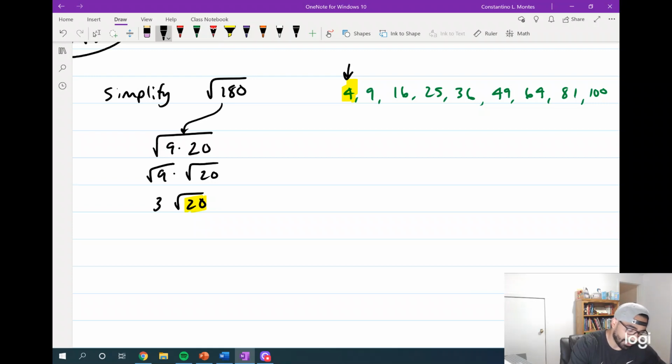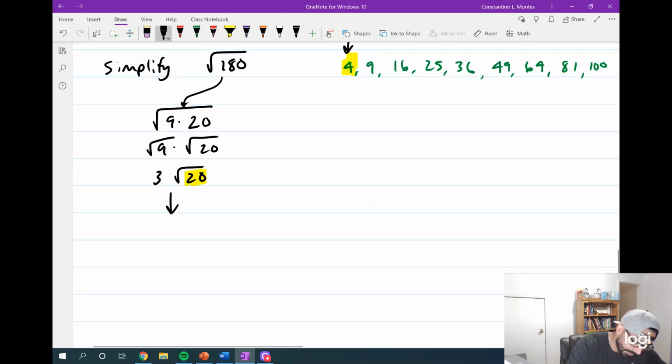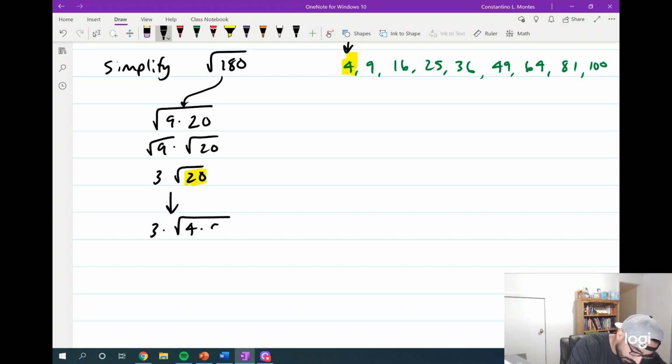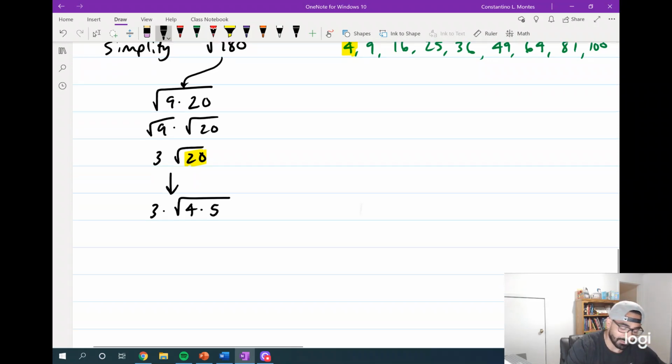So I'm going to do the same process again with 20 and 4 as I did with 9 and 20. No, let's put an arrow right there. We're going to write 3 times the square root of 4 times 5. Where'd 5 come from? 20 divided by 4.